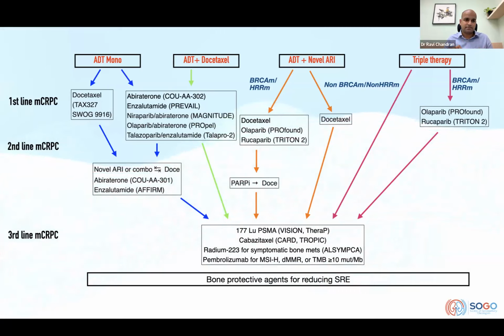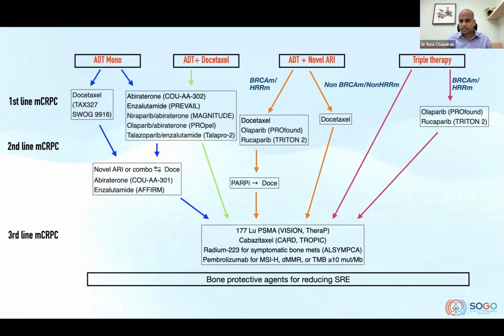In case these patients progress while on docetaxel, or while on this combination, we can swap for docetaxel. Though there is some amount of cross resistance between swapping docetaxel to novel androgen receptor inhibitors or the reverse, certainly the benefit is still intact. The second scenario is when a patient has been started on a novel androgen receptor inhibitor, how do we go about it?